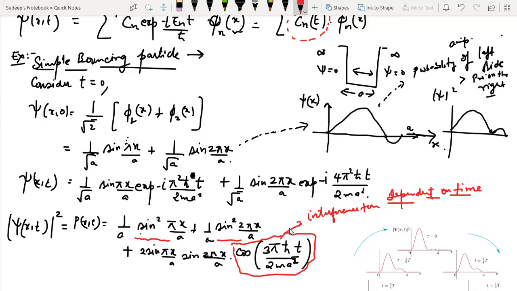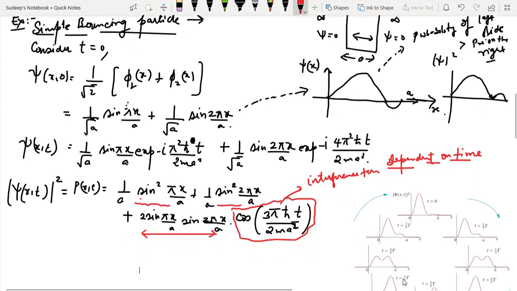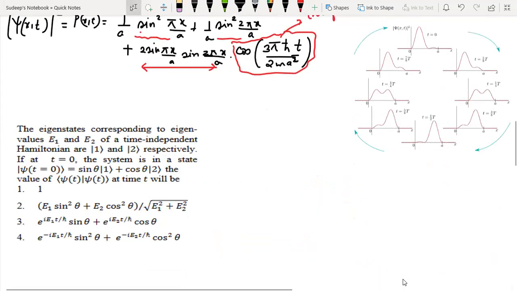So what happens is that overall, this spatial profile, that is the space dependent profile, oscillates sinusoidally.